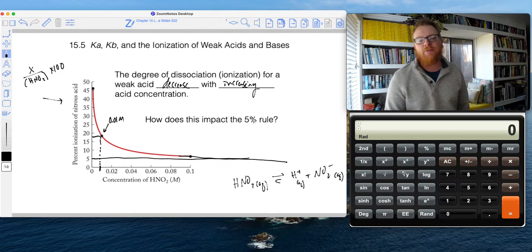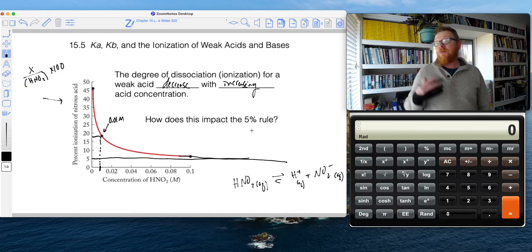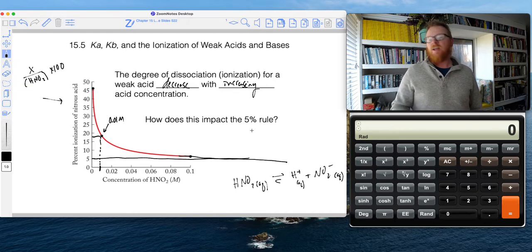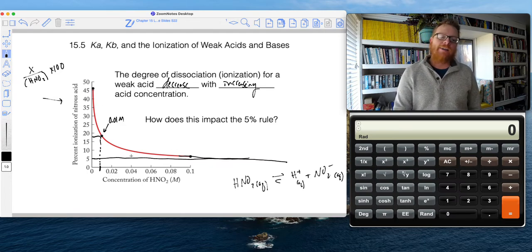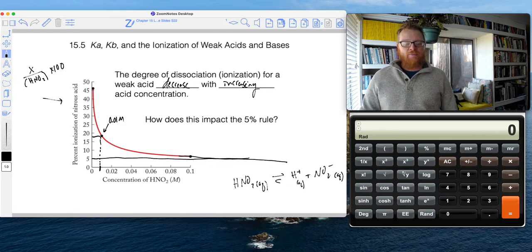So how does this impact the 5% rule? The more concentrated our initial weak acid is, the more likely it's going to pass the 5% rule. That also means the more concentrated our acid is, the less it dissociates, which is kind of interesting.